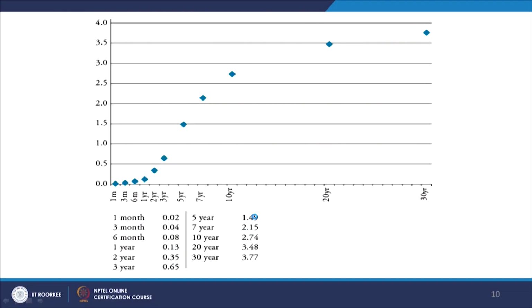This is the example of a yield curve. You can see here it is flat at the near end, and again it flattens out in the far end. In between it is rapidly sloping, otherwise it is flat at both the extremes, the near end and the far end. In other words, what we infer is that for short maturities the fluctuation in interest rate with maturities is small, and similarly for very long maturities the same is the case.